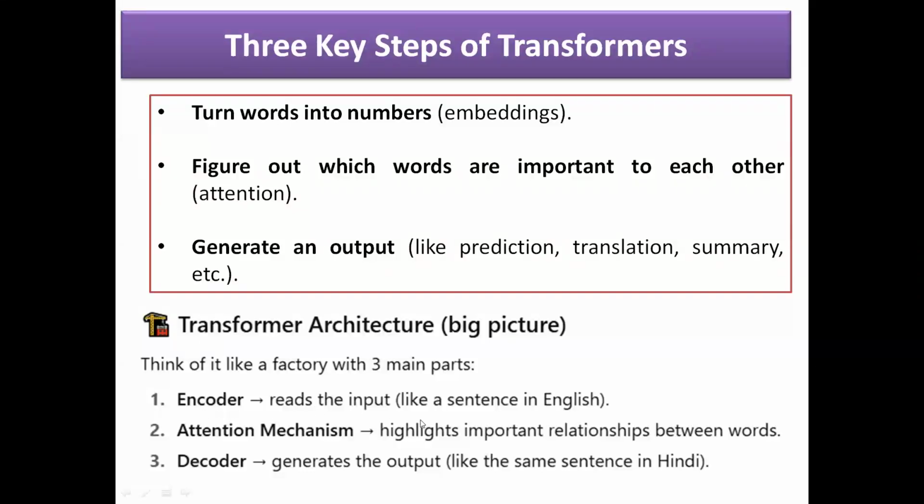Encoder: read the input, like reading a sentence in English. For example, in ChatGPT we give some input, so first of all it will be encoded, converted to a vector, to numeric format. After that, the attention mechanism will find out what we want to ask, what the meaning of our sentence is, or in which way it is related to the backend large language model, the backend LLM that is trained.